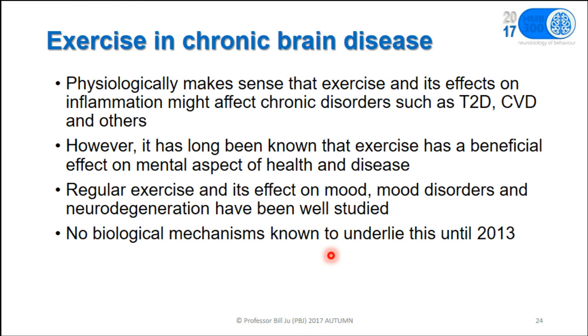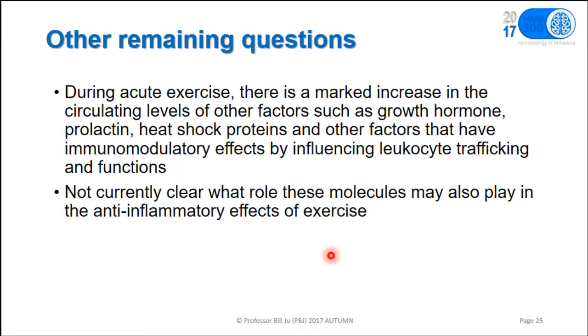All these other things, the effects on type 2 diabetes, reducing inflammation, reducing cardiovascular disease, all of that made sense. But in terms of why your brain gets better, why you can think better after exercise, until 2013 was actually a big unknown. And in 2013, there were a couple of different events that occurred.